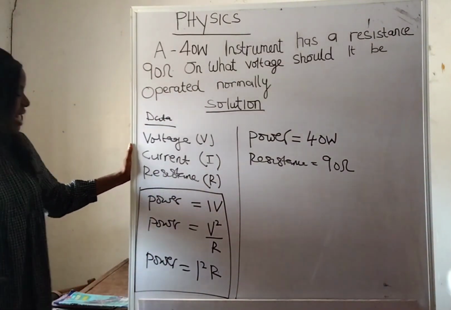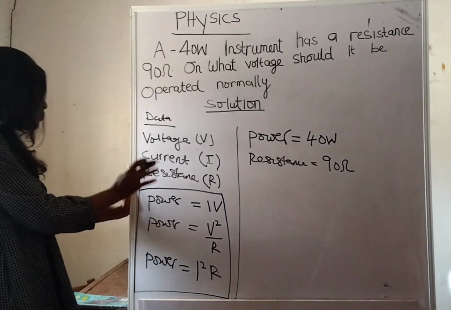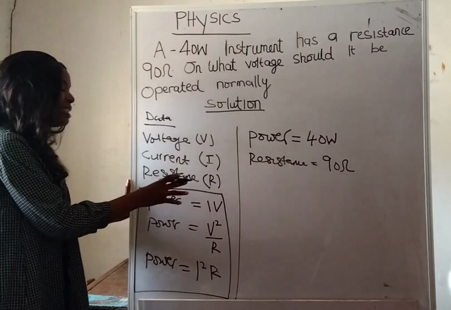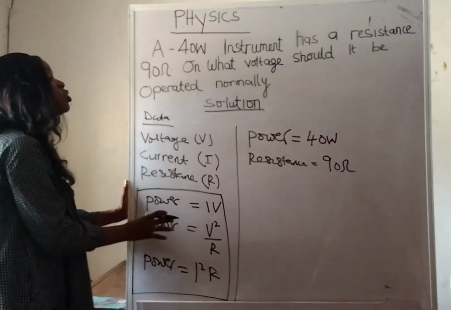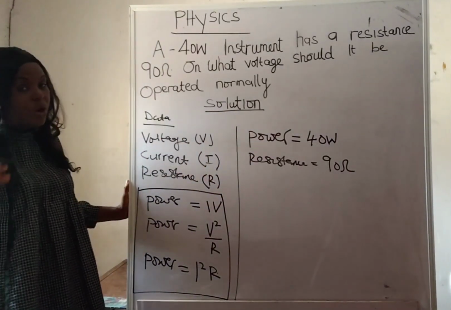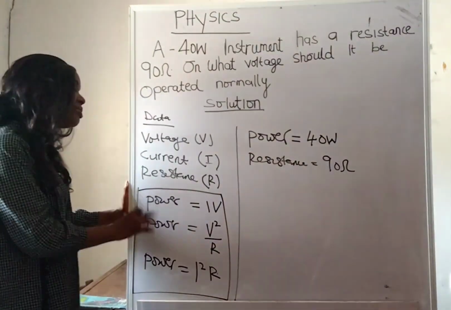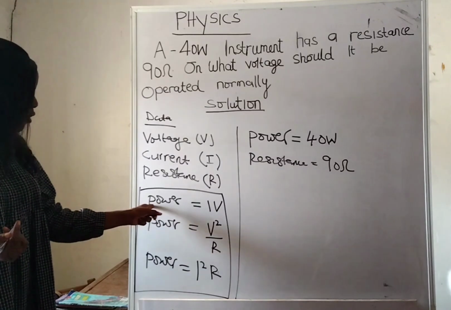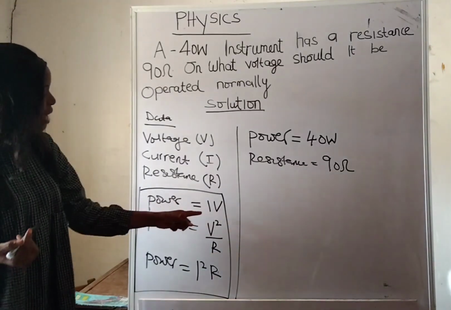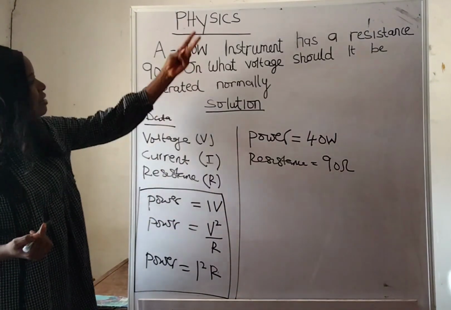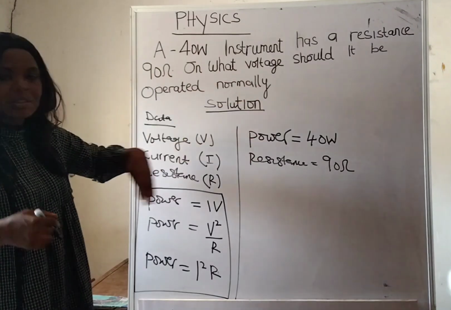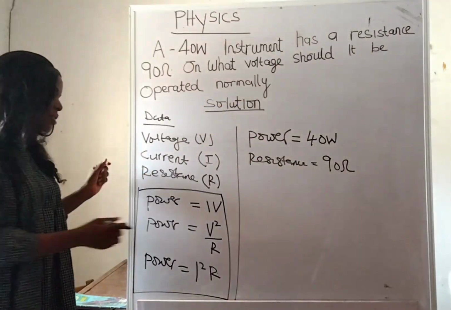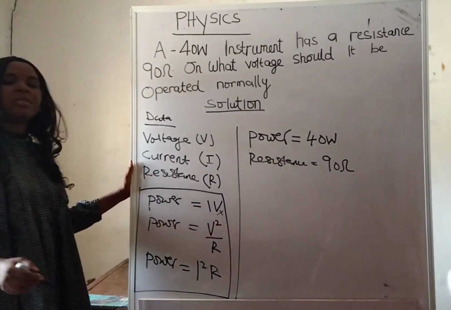What do I do next? I come to the formula for power and check the formula that will suit the data given to us. As I say, the formula you use depends on the data given to you. The first formula, power equals IV, has current and voltage, and there is no current in this question, so we will not use it.